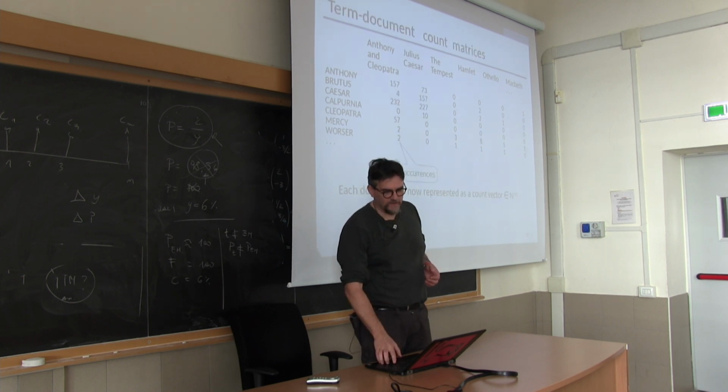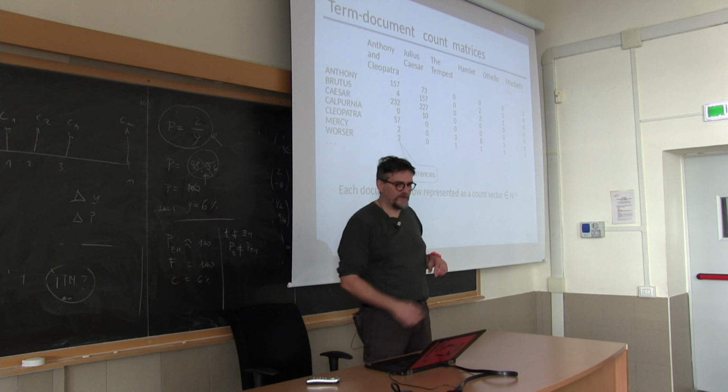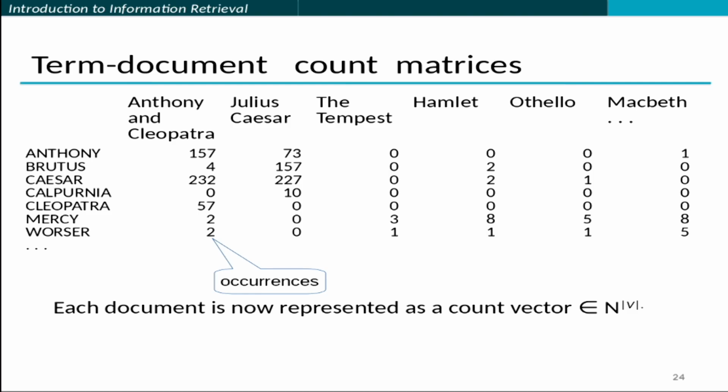We want to move to a situation like this one, in which we have a term-document count matrix, in which for each document, a number different from 0 means that the term belongs to the document, but also tells us the frequency, the occurrences.